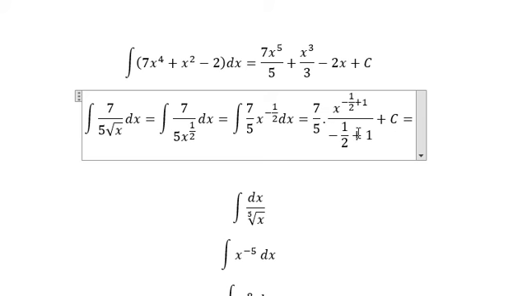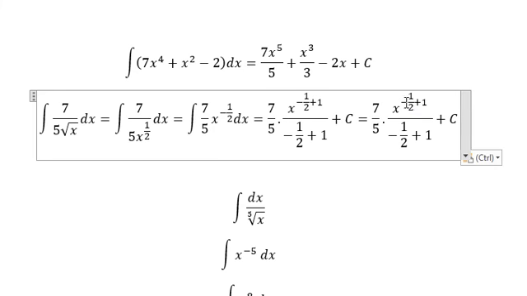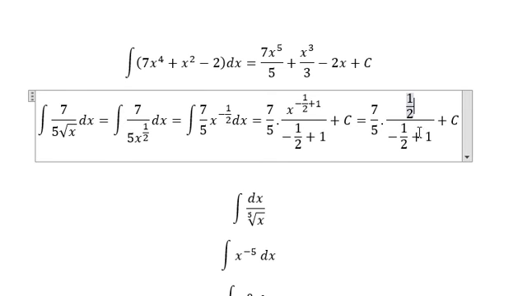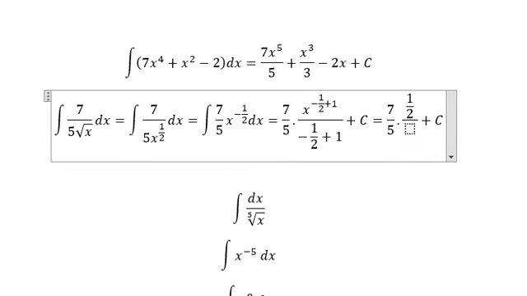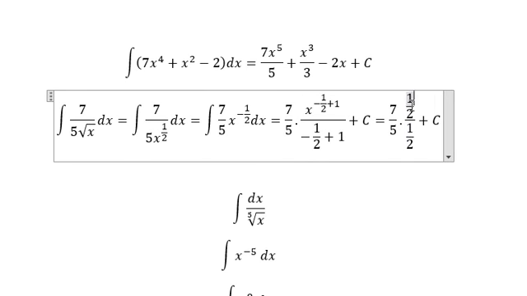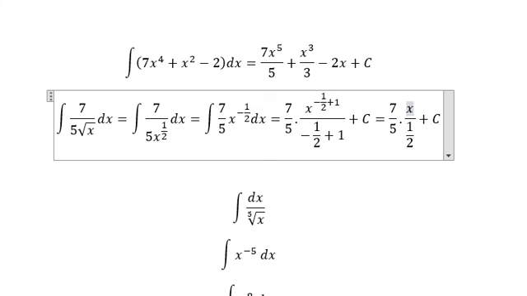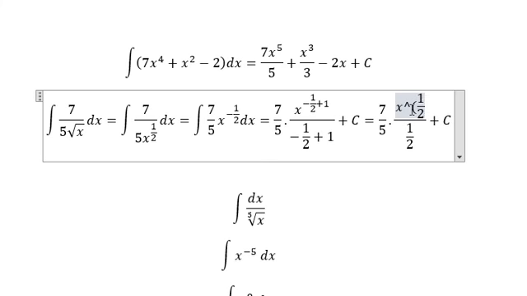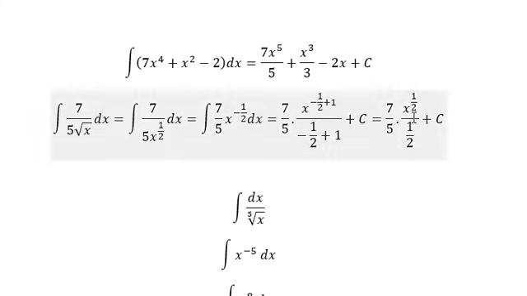So this one you get 1 over 2. And this is the final answer.